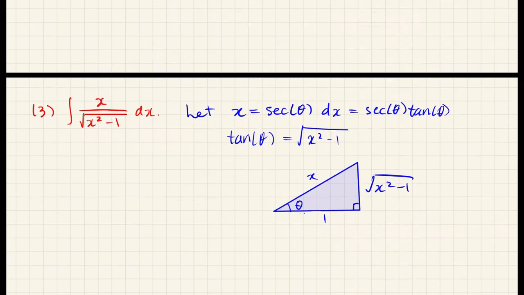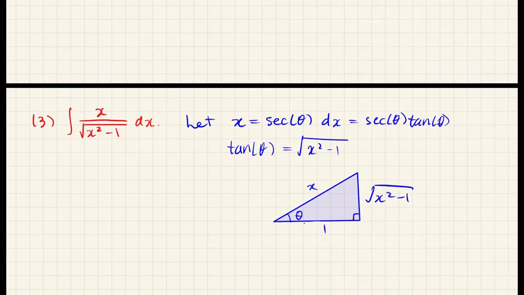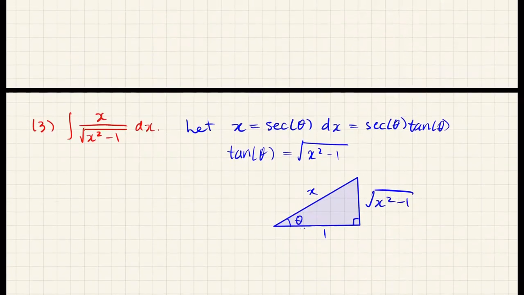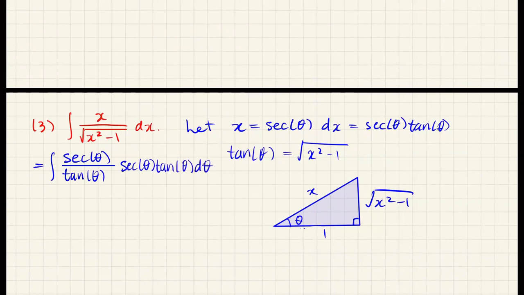Yeah. So now let's put everything in. We know that x is going to be equal to secant theta, and then the denominator is going to be the tan theta. Then we have secant theta tan theta d theta.